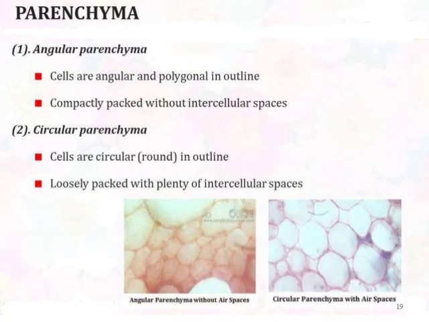So the angular parenchyma cells are angular and polygonal in their shape. These cells are tightly or compactly arranged, so there are no intercellular spaces in them.